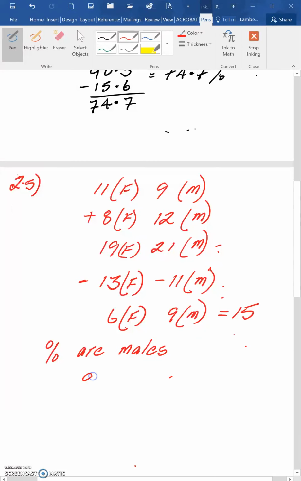So we've got 9 out of a total of 15 and we'll multiply that by 100. So it becomes 0.6 times 100. Therefore, 60% of the people are males. 60% are males.